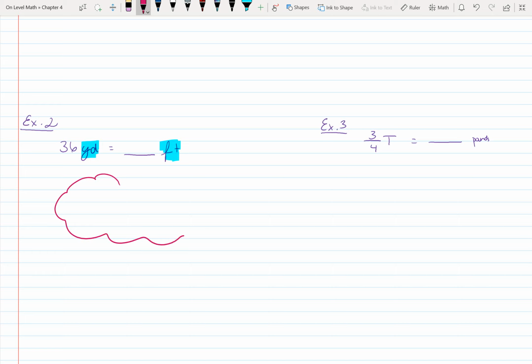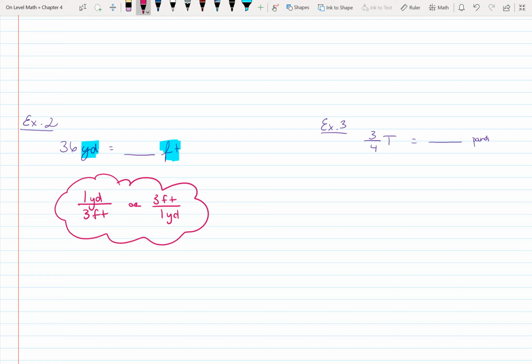We're converting yards to feet, so let's bubble out that conversion factor. Let's see, 1 yard is 3 feet, and hopefully you already knew that, but looking at your conversion chart is fine. So we can write that as 1 yard over 3 feet, or 3 feet over 1 yard.